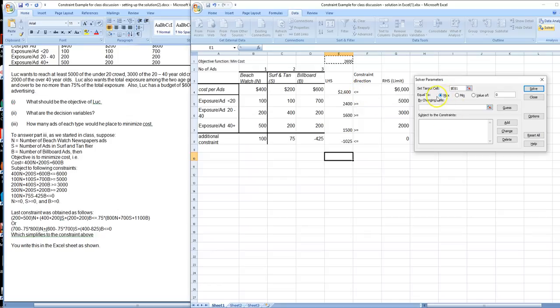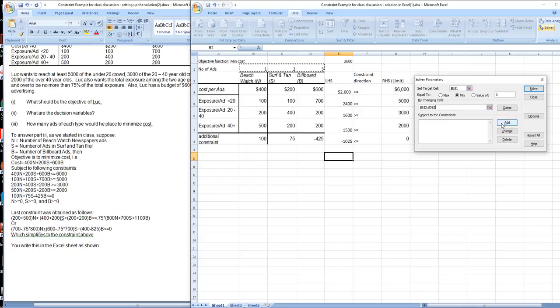Now we are not maximizing, which comes by default. Since we are minimizing, we say minimum. Then what are our changing cells? In other words, what are our decision variables? These are cells B2, C2, and D2. So you choose that, or you could have typed that in.